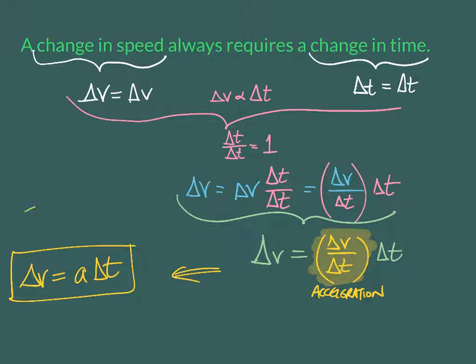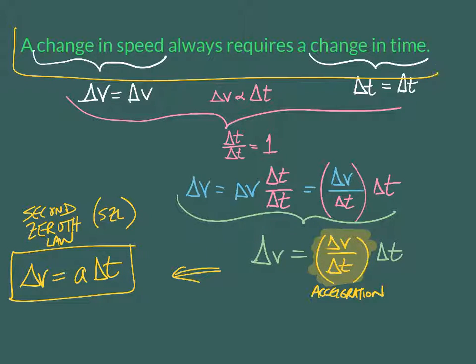And this is the second zeroth law, or what I would call sizzle. The first one was fizzle, FZL, first zeroth law. Second zeroth law, SCL. The statement of law is in English.